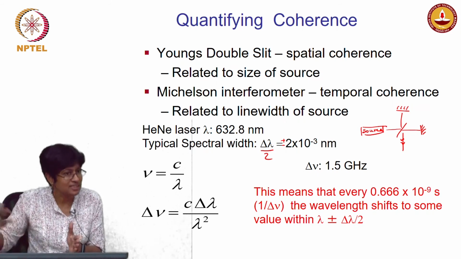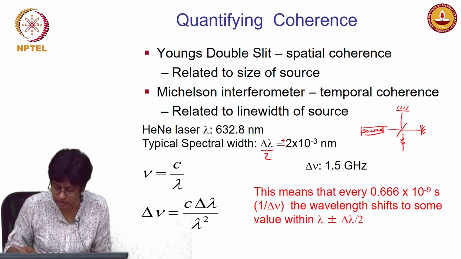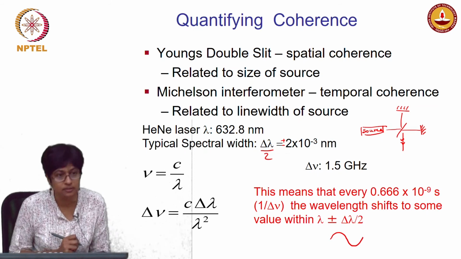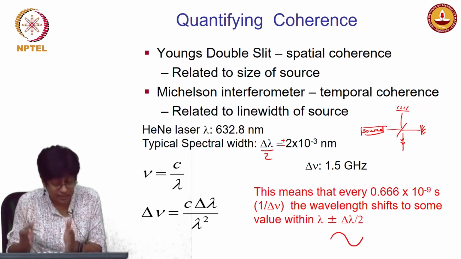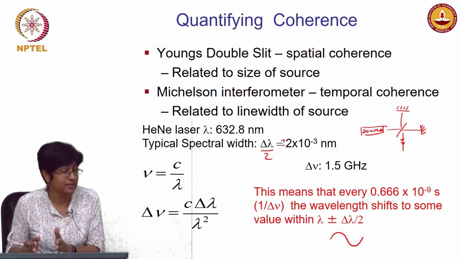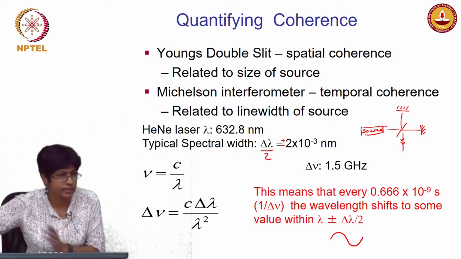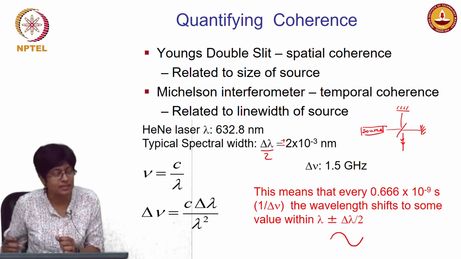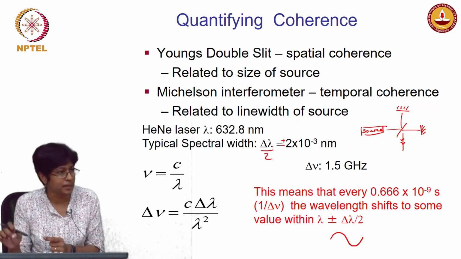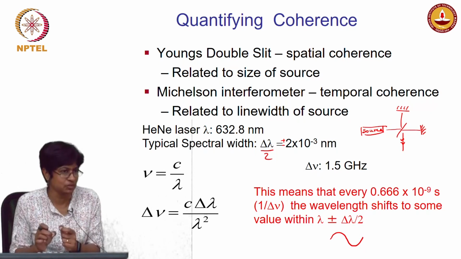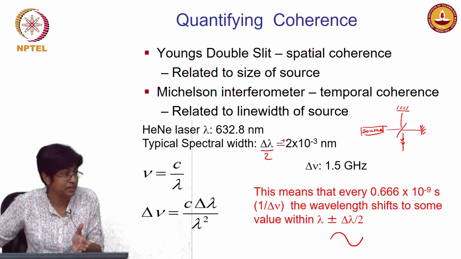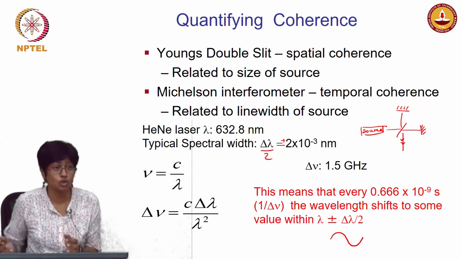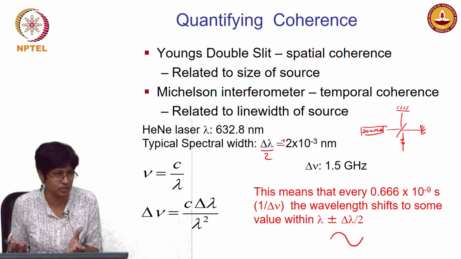That means the wavelength is changing. I've drawn only one wavelength, but if I had a sinusoidal wave with this wavelength, I could draw it out to infinity, it would never change. The point is that after this 10 to the power minus 9 seconds, there's a slight change in wavelength, which means the phase relationship is now no longer predictable, or rather it's only predictable with this accuracy, okay.